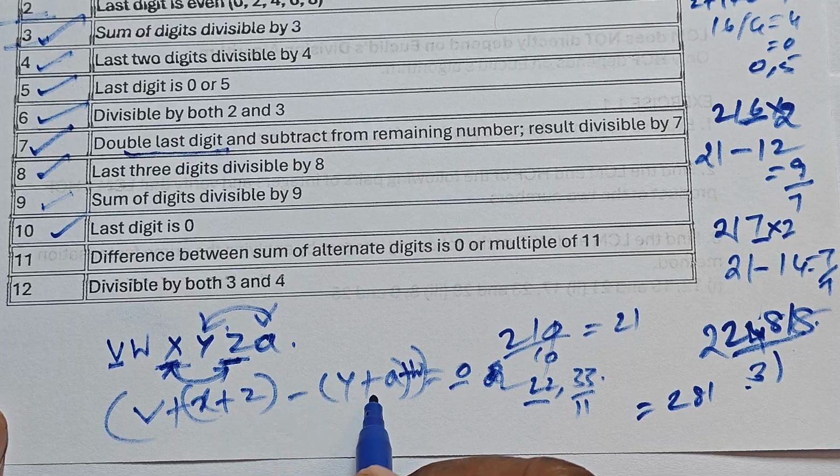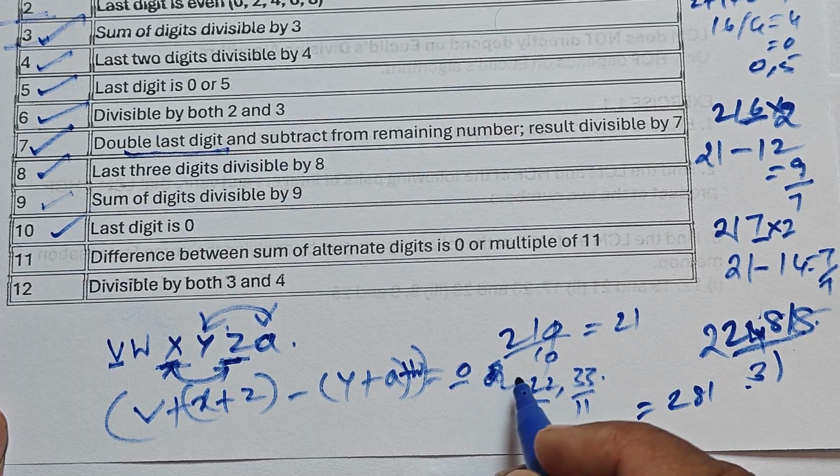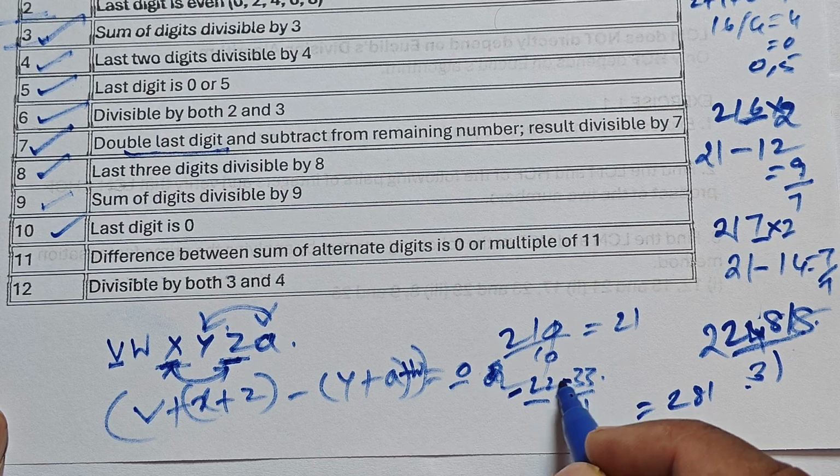So this cluster minus this cluster, if it is giving you 0 or a multiple of 11. Okay, so in this case, remember, what if I get minus 22 or minus 33?